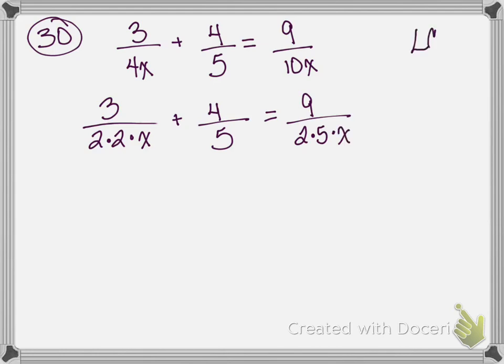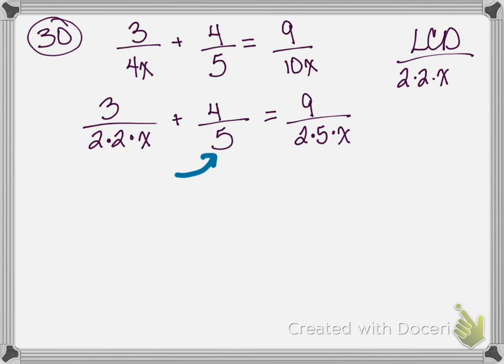So when I figure out my LCD, I'm going to start with 2 times 2 times x, and I'm just going to write it down. Then I'm going to look at this one. Is that written down?